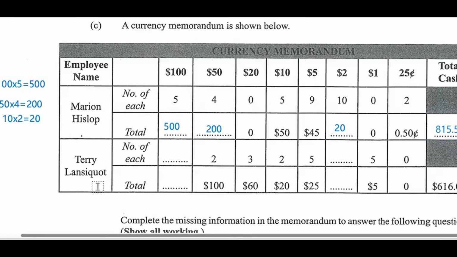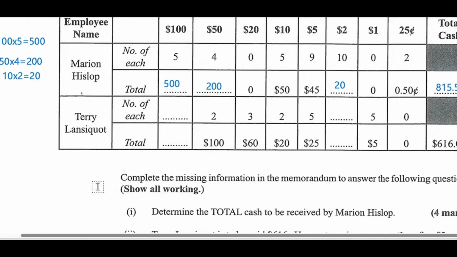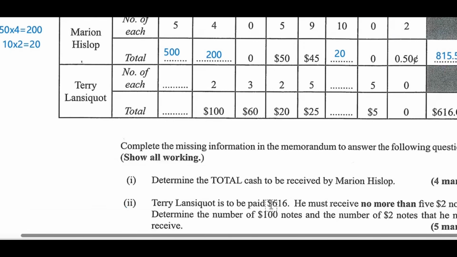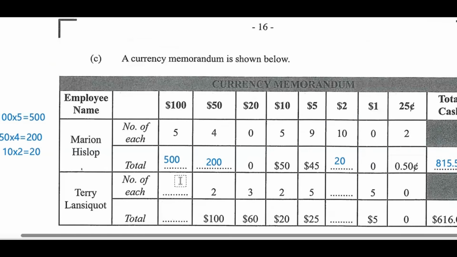Second one, for Terry. Let's just go back to what they said for Terry. He's to be paid $616. He must receive no more than 5 $2 notes. Determine the number of $100 notes and the number of $2 notes. All right, easy. So his salary is coming up to $616. We just need to insert the figures. So at the end of the day, we're coming up with $616. We have to make sure we pay him the accurate currency.